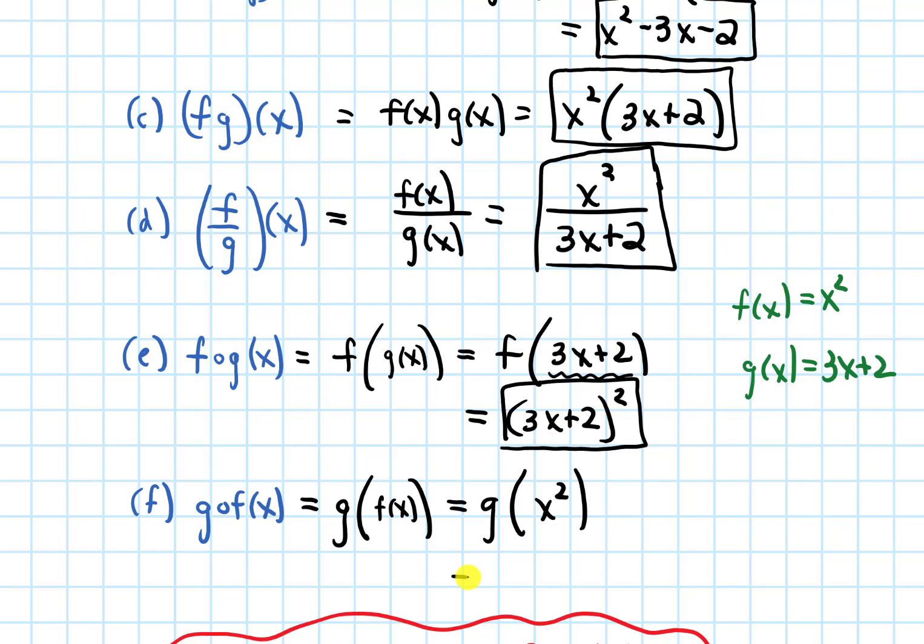So whatever's in the parentheses, in this case it's x squared, that's what I've got to plug into the formula now for g, where my variable x is. So this x gets replaced with x squared. So I will get 3 times x squared, and then plus 2. All right, and that's the composition in the opposite direction.